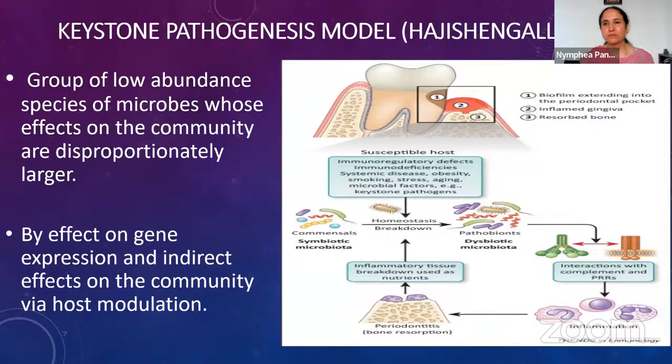But then there are some factors, maybe environmental factors, local immunoregulatory defects, smoking, or stress, that change the local milieu, and this changes these commensal bacteria into pathobionts. There is dysbiosis, and the immune system is not able to regulate it. Even in health the same organisms were present, but now the immune system is dysregulated, and the bacteria are using the immune system to their advantage rather than the body getting rid of these organisms.